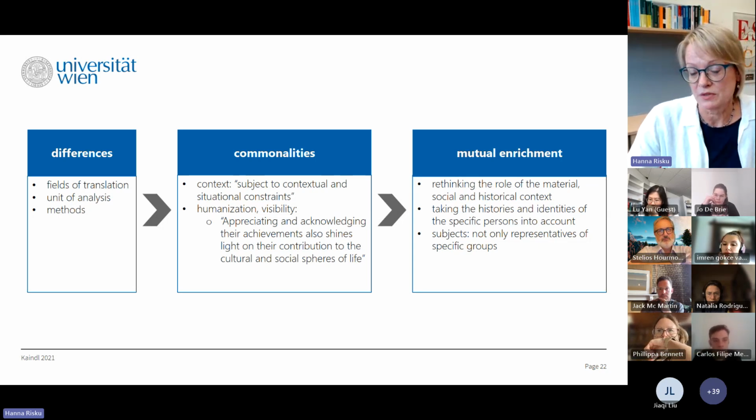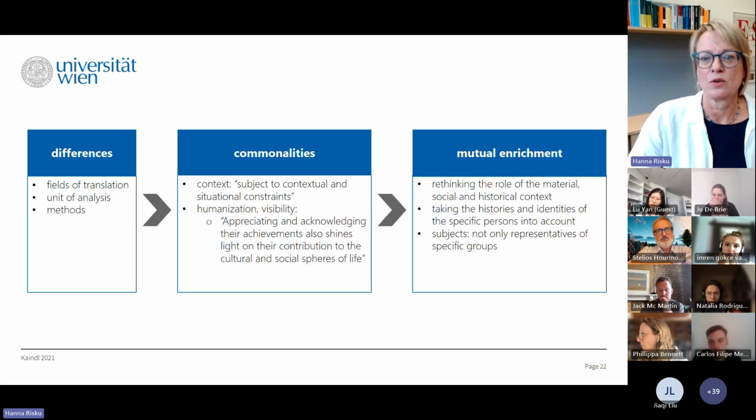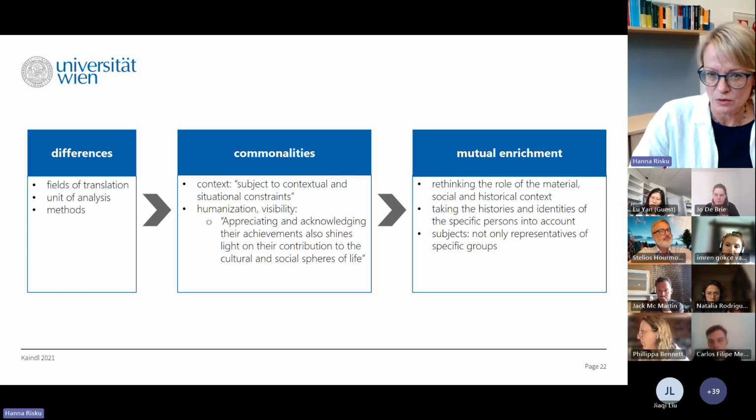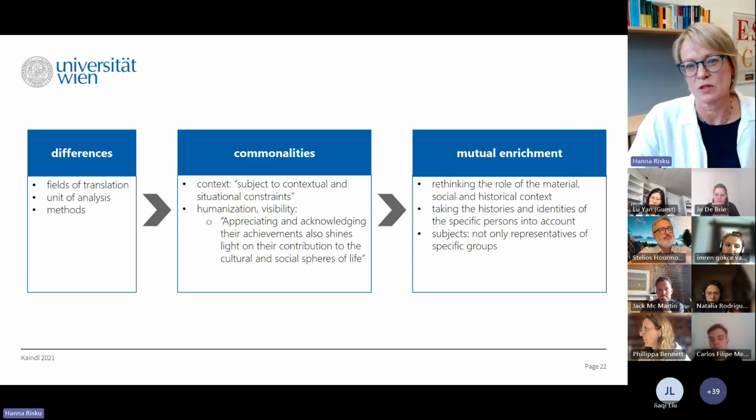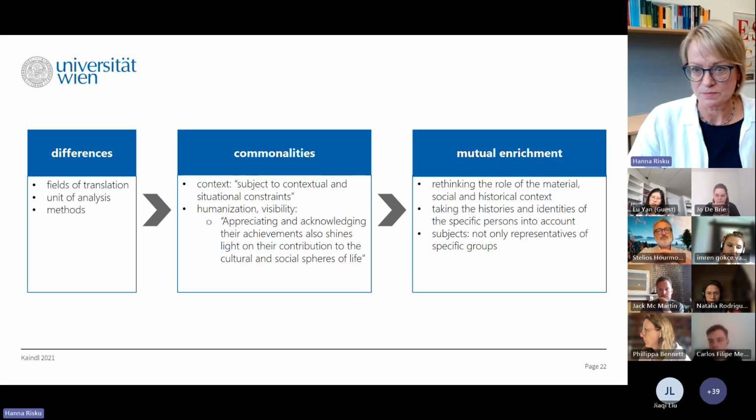And socio-cognitive translation research that relies on extended distributed views of cognition can and should, I think, also take care to ensure that the histories and contexts of the specific persons being studied are also taken into account.